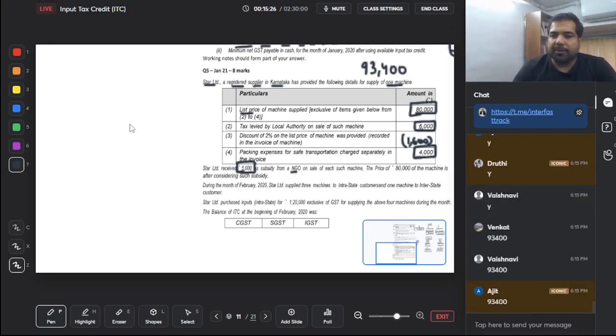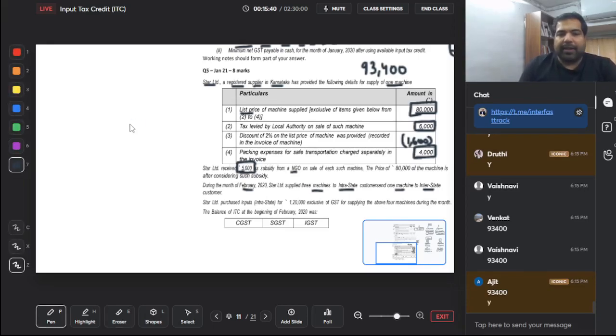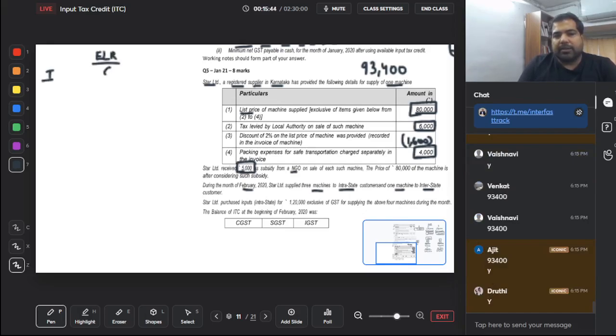Good job, guys. Next, during the month of February 2020, Star supplied 3 machines intrastate and 1 machine interstate. So guys, is this supply which will relate to liability? Yes, so let's put our electronic liability register. I, C and S. How many machines interstate? 1 machine.